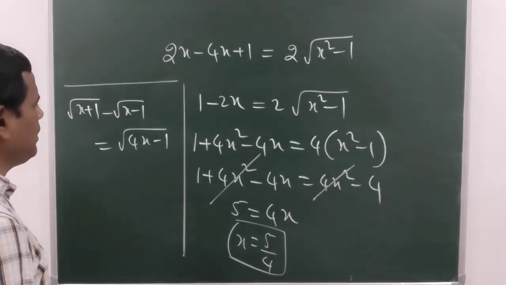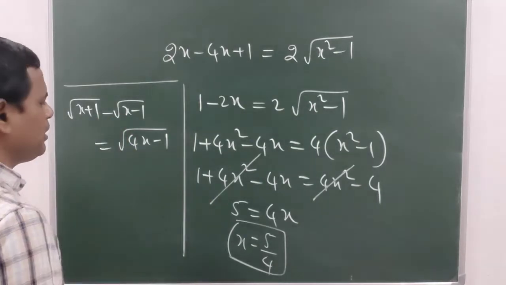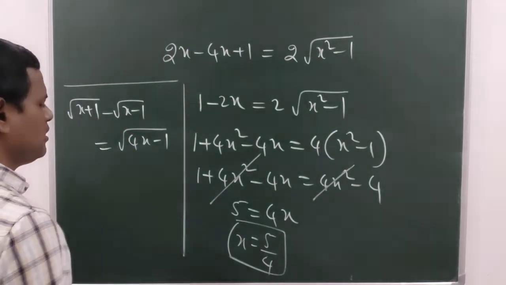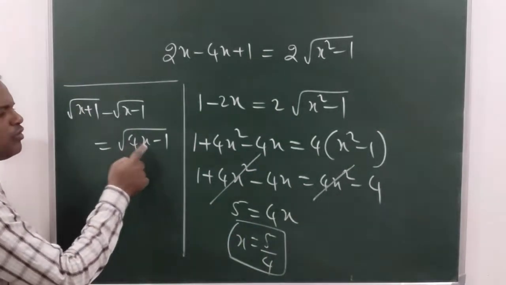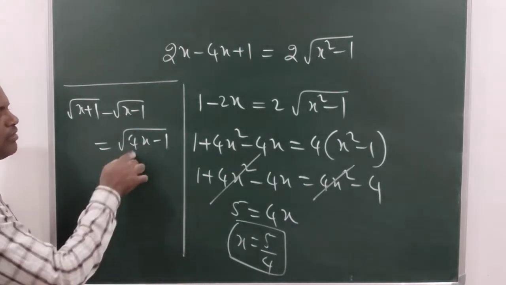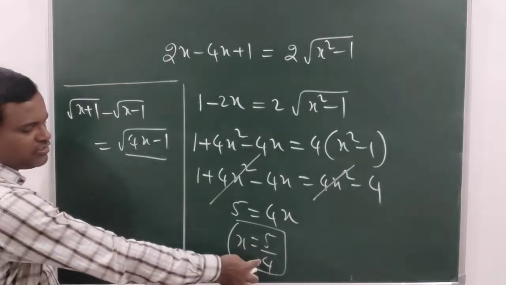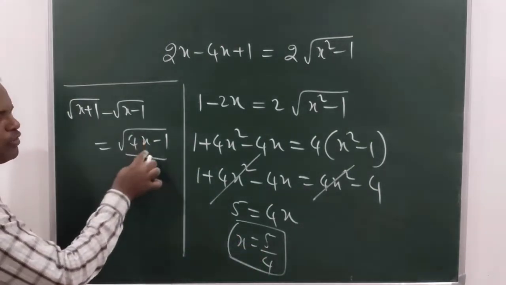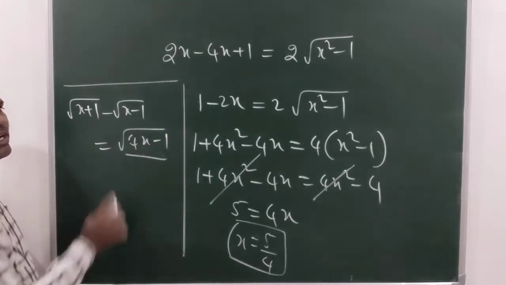What about RHS? When you write 5 by 4 here, 4 cancels, 5 minus 1. Square root of 4 is equivalent to 2. RHS you are getting 2.